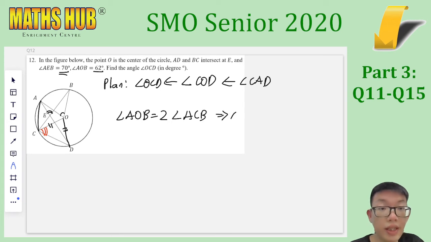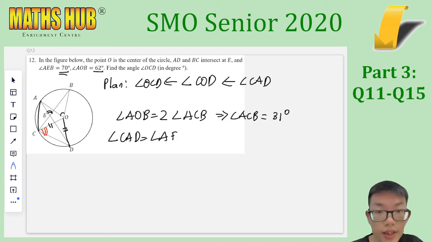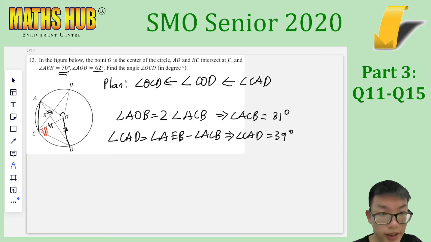So that means that angle ACB is half of 62, which is 31 degrees. Now that means that angle CAD is equal to angle AEB minus angle ACB. So subtracting it off, 70 minus 31 is 39 degrees.